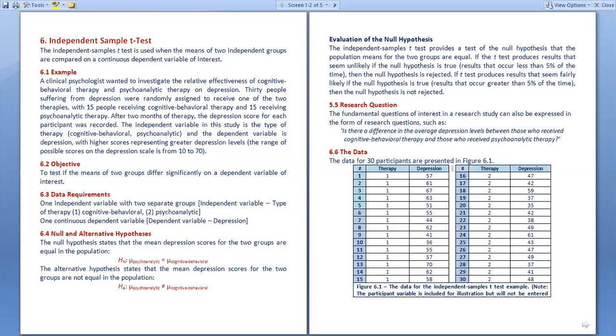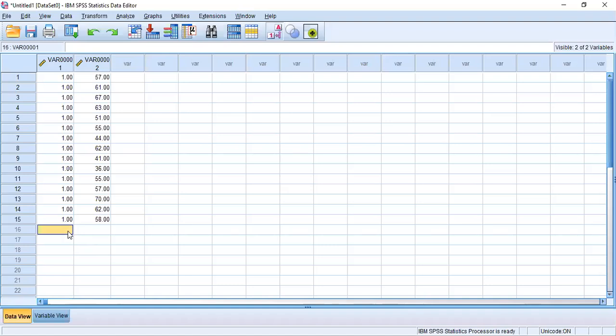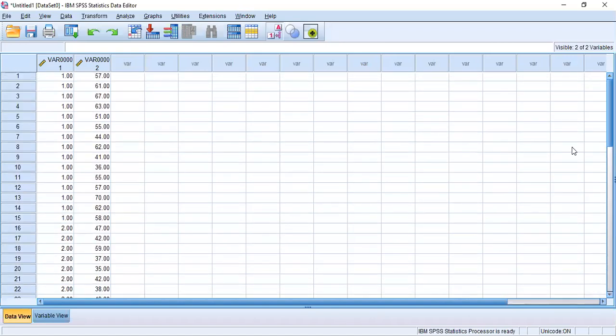Coming back to this file, I'm going for the therapy 2, Control C I've done, again gone back to my SPSS file, open that file, and here we are pasting data 2. So this is what we are having. So we have got the data, and now we'll be using this data for analysis.